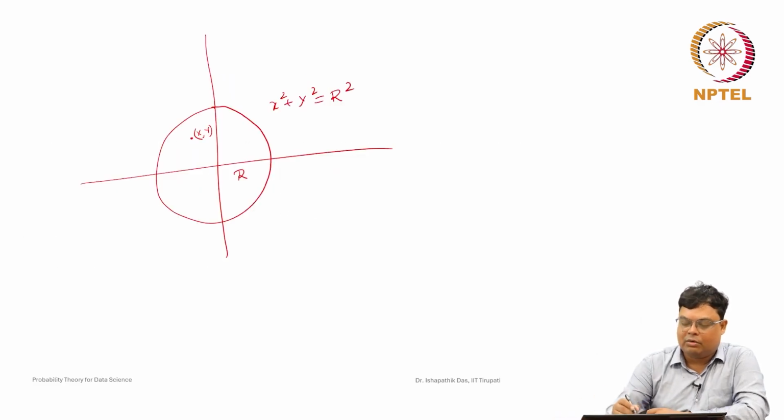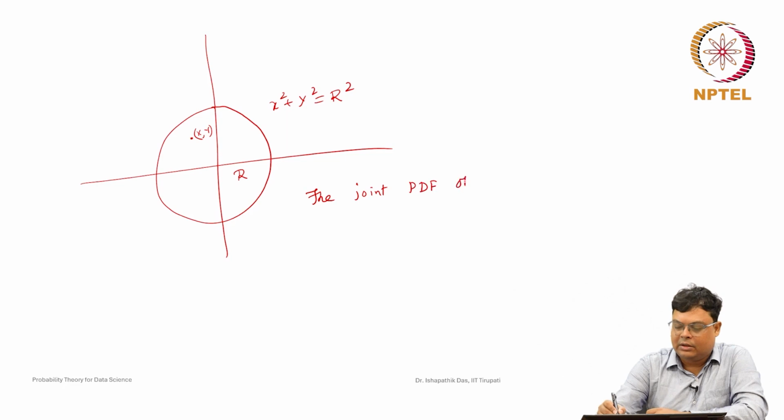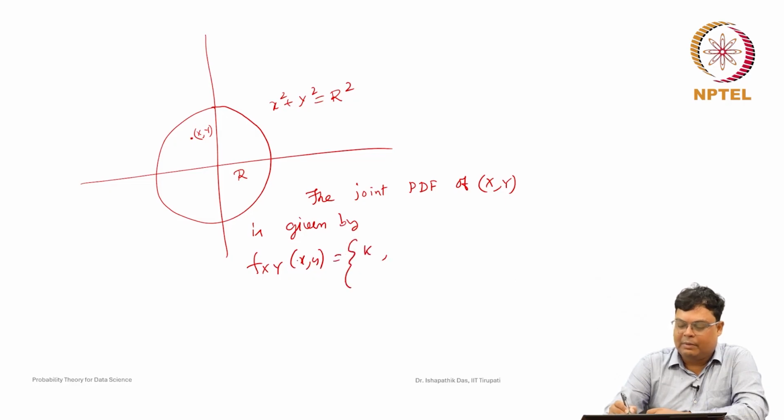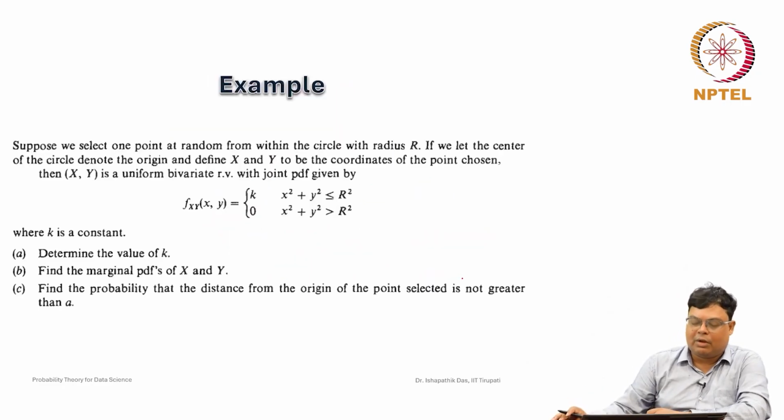So, the joint probability density function of (X, Y) is given by f(x, y) equal to some constant k, because it is a uniform distribution. Inside this region it is k, so for x square plus y square less than or equal to r square it is k, and 0 otherwise. This k is a constant we have to find out.